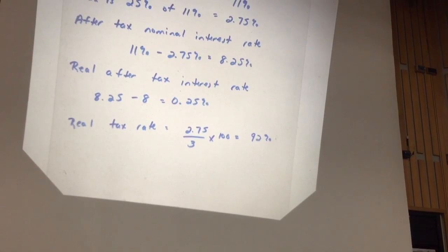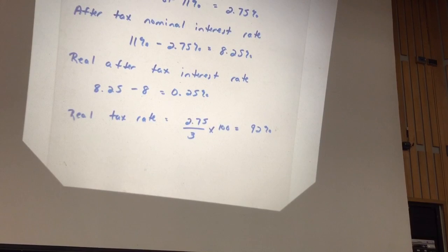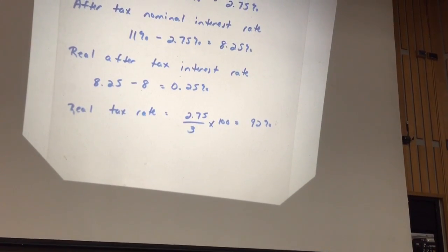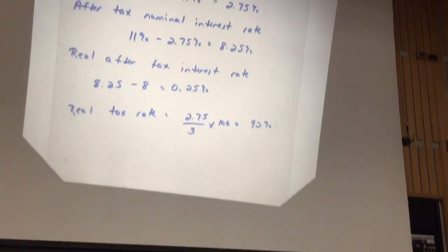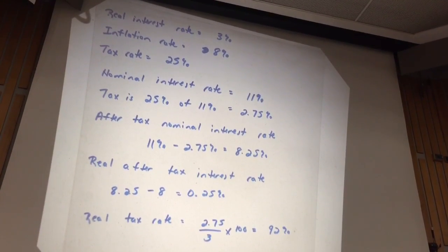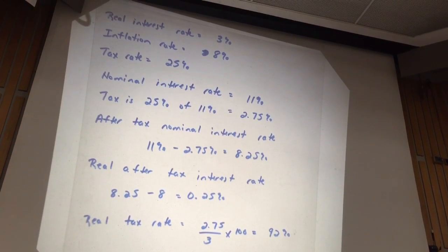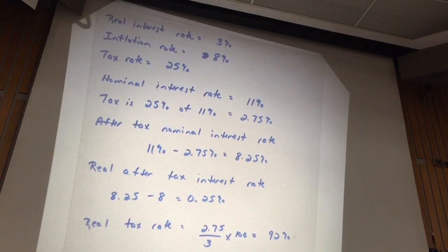Does somebody check that one? Yeah. So when the inflation rate rises, then this tax becomes very large. That's why a tax on investment income is often referred to as an inflation tax.